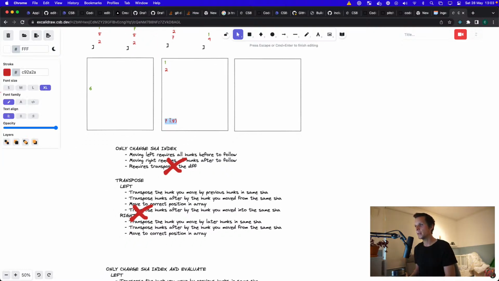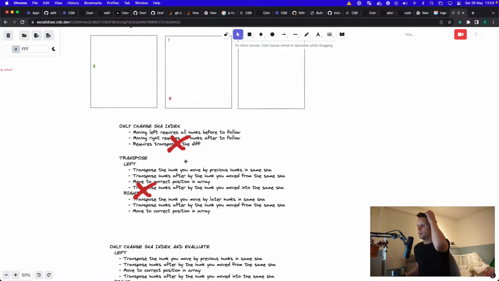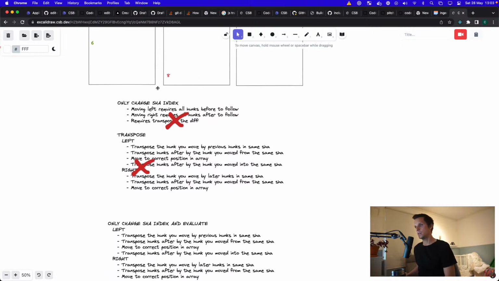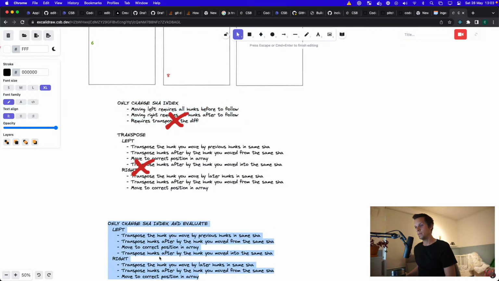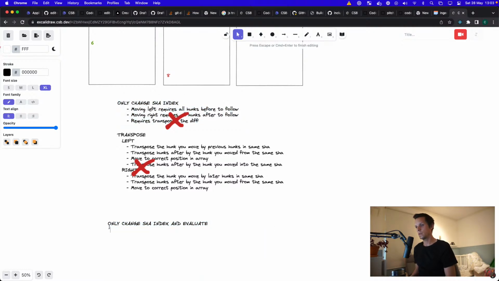So let's move this back to 8, and this is 2. Happens over here. So we'll actually just change the SHA index you move to.